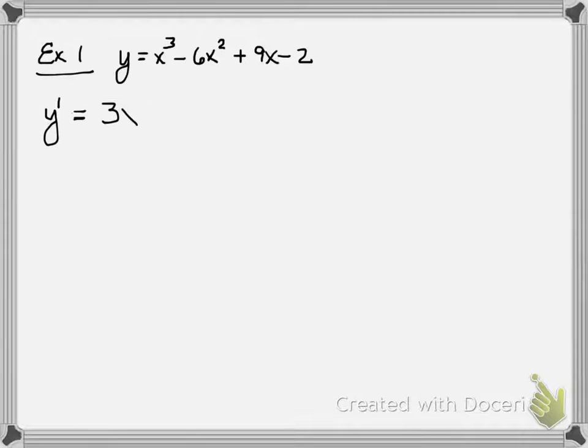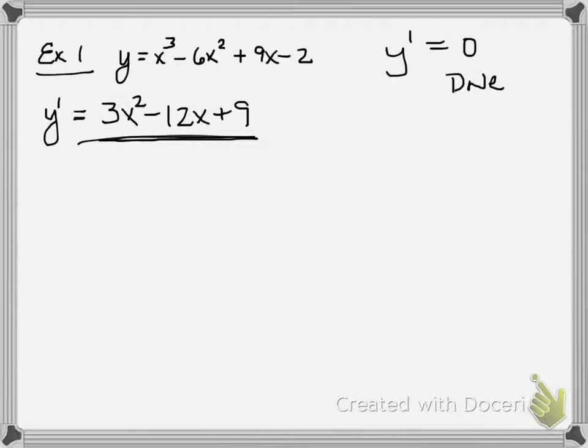So 3x squared minus 12x plus 9. And we saw before that a critical value is where the derivative is equal to 0 or doesn't exist, is undefined. So that being the case, this is a polynomial here, so that's never going to be undefined. So we really just have to find places where this thing is equal to 0. So if we do a little factoring here, x squared minus 4x plus 3.